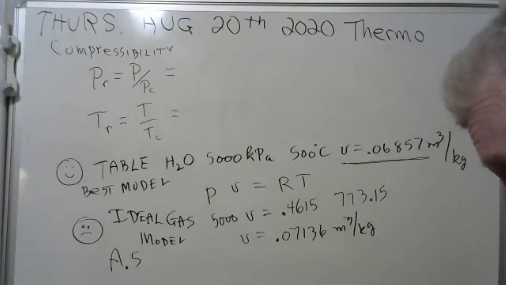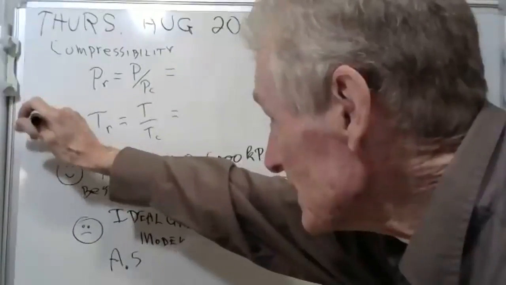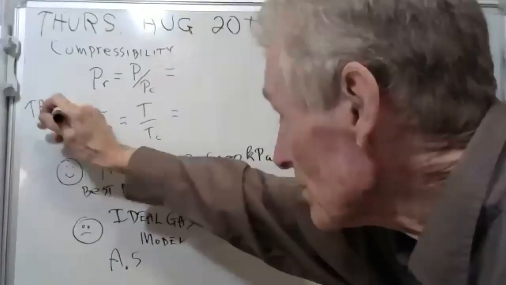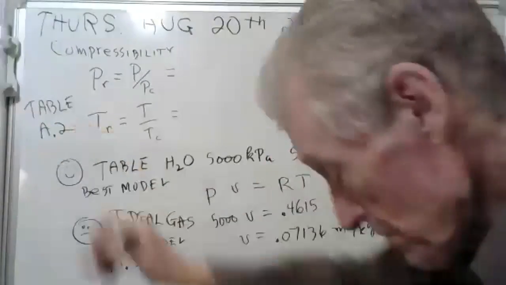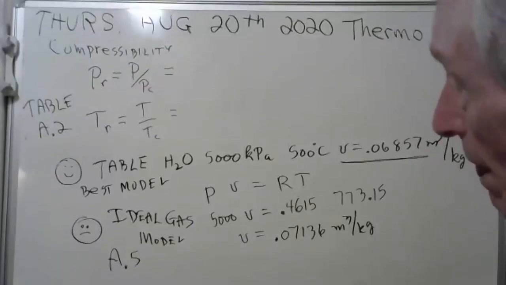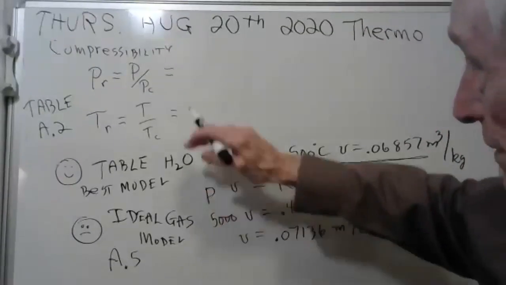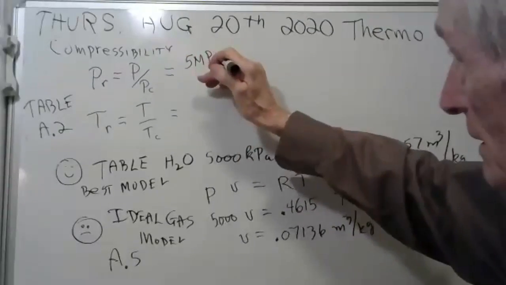Yeah, here we go. This is table A.2. It's in the back of your book there someplace. Now our pressure is 5,000, but see, that's 5 megapascal.